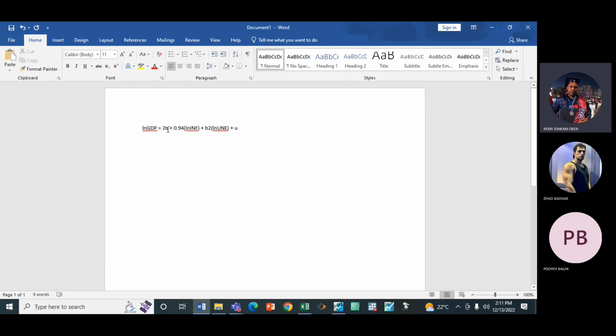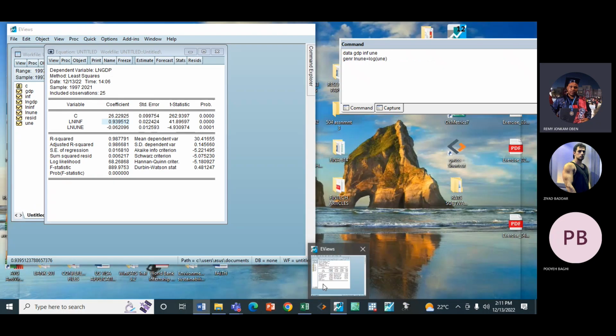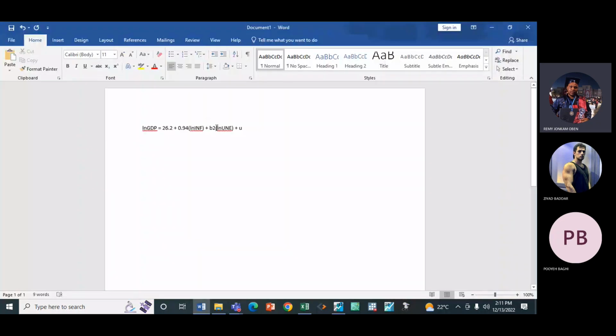Here I think it's 26.2. Yes, negative 0.06. So we should remove the error term. When you estimate the equation, you remove the error term.